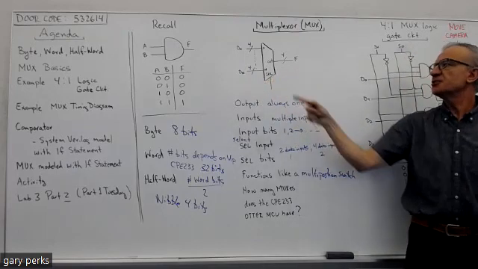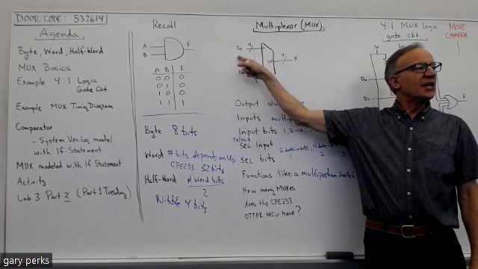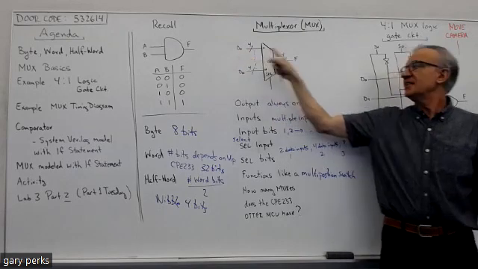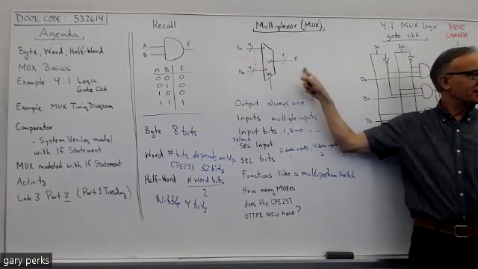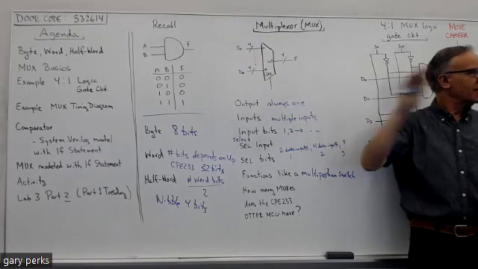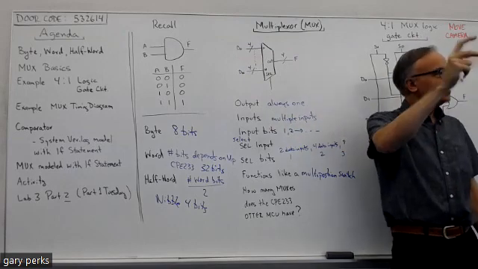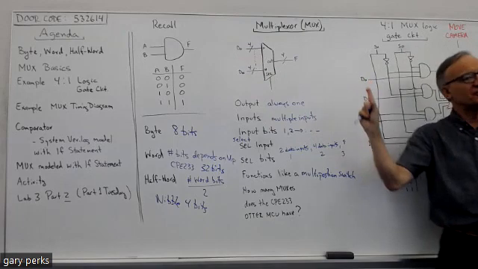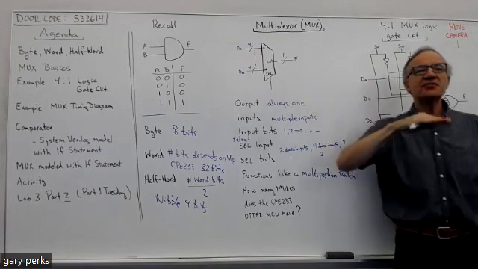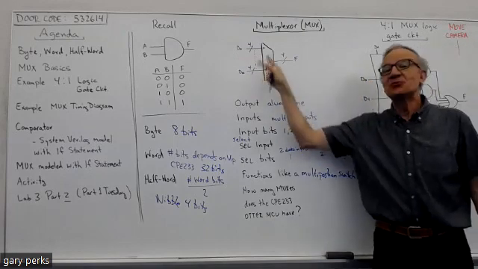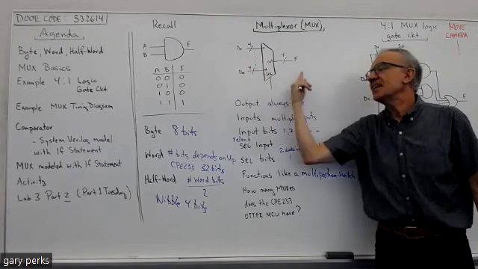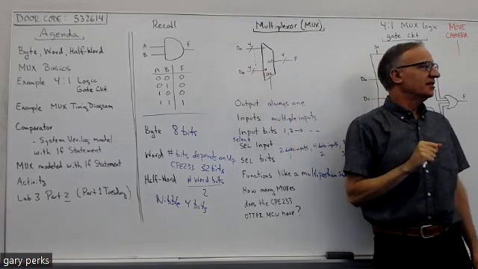The select bits determine what data at the input gets connected to the output. So the mux is kind of like a selector, and that's why this input is called the select, because it selects which data input gets connected to the output.